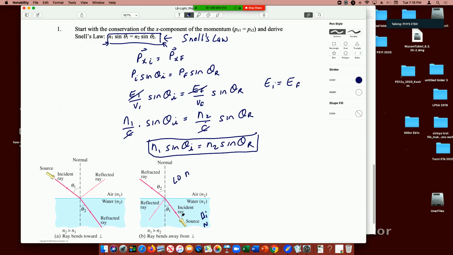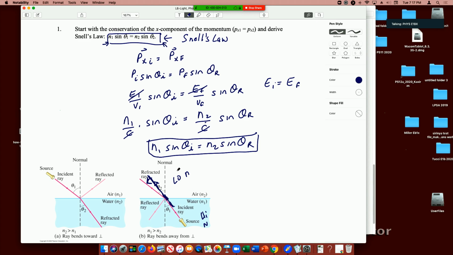If this is the incident ray, I always think about what it would look like if it went straight through. It would just continue straight from the incident ray. My tablet is not completely calibrated, but that would be what it looks like if it went straight through. So you can see that it's bending away from the normal when you go from a high index to a low index, exactly the opposite.